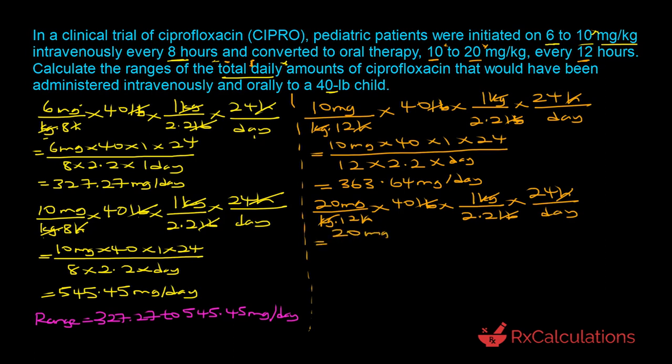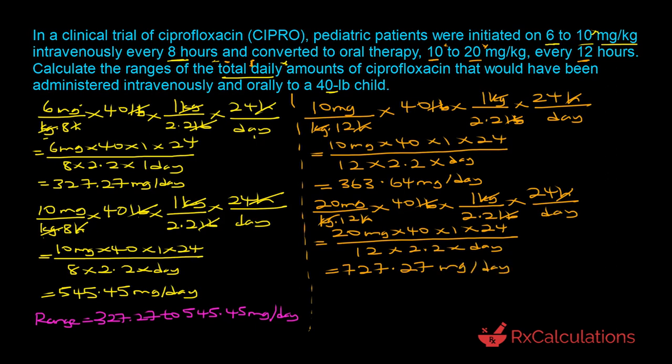So we have 20 milligrams times 40 times 1 times 24 divided by 12 times 2.2 times 1 day, and that is equal to 727.27 milligrams per day. And so when it comes to the oral therapy, the range is 363.64 to 727.27 milligrams per day.